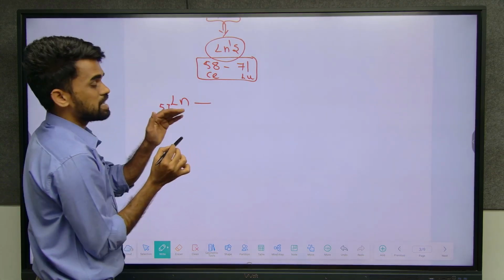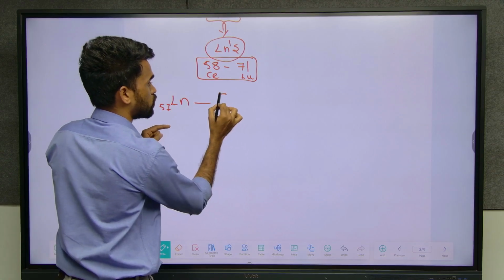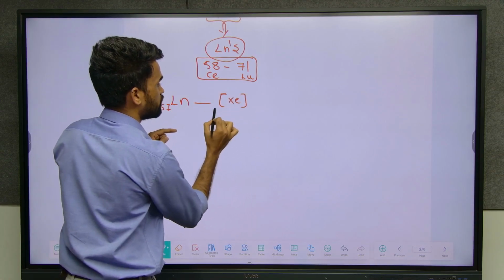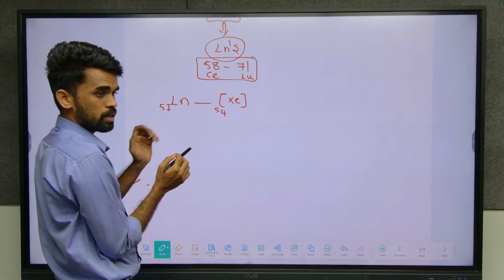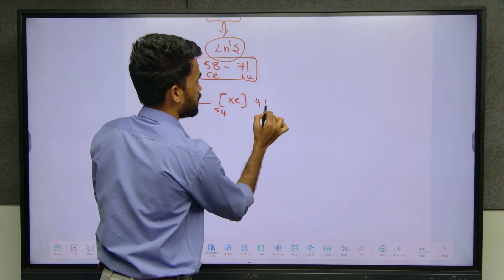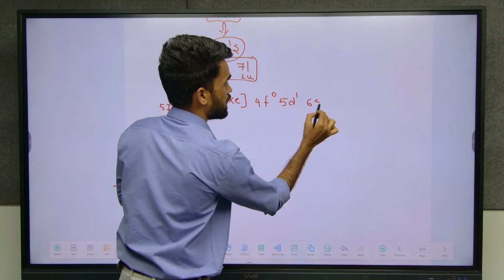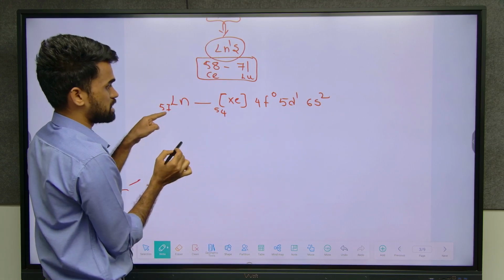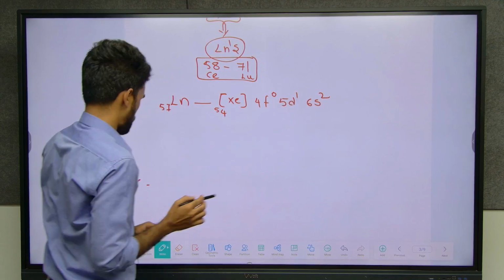Now what is the nearest noble gas for lanthanum? 54, xenon. After that, still how many electrons to be filled? 3 more. So that is 4F 0 5D1 6S2. So 57, 54, 55, 56, 57. Done with this? Yeah. The next one.